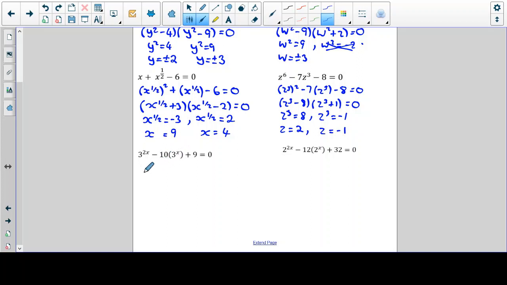This next one we can see is a quadratic in 3 to the power of x: 3 to the power of x squared minus 10 lots of 3 to the power of x plus 9. It factorises to give 3 to the power of x minus 9 and 3 to the power of x minus 1.